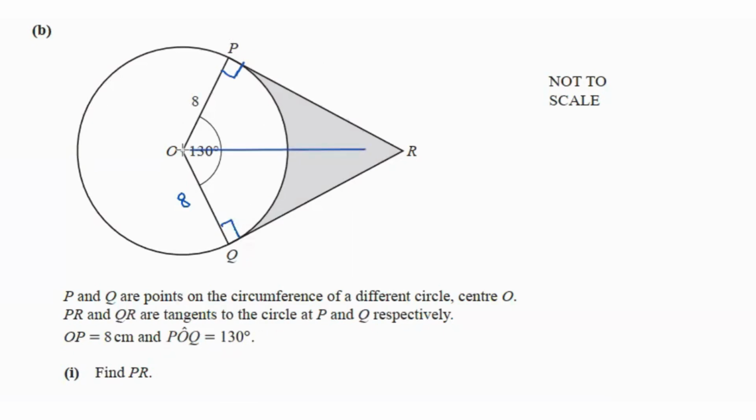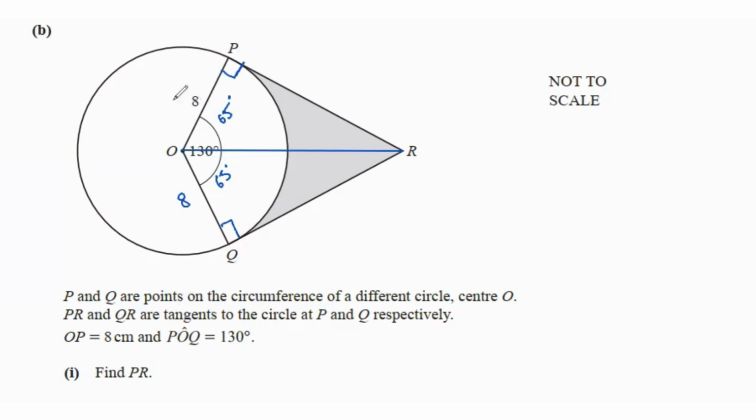And if we draw a line from here, so we have these two right angle triangles in this quadrilateral, which is OPRQ. This angle also splits evenly, so that means it's going to be 65 over here and 65 over here. You have to find PR. So we can use one of the trig ratios.